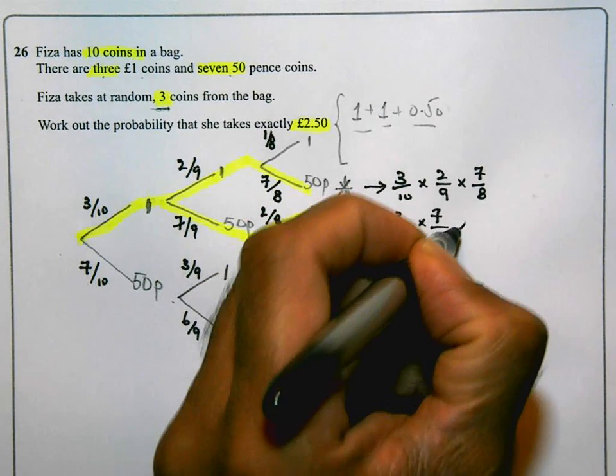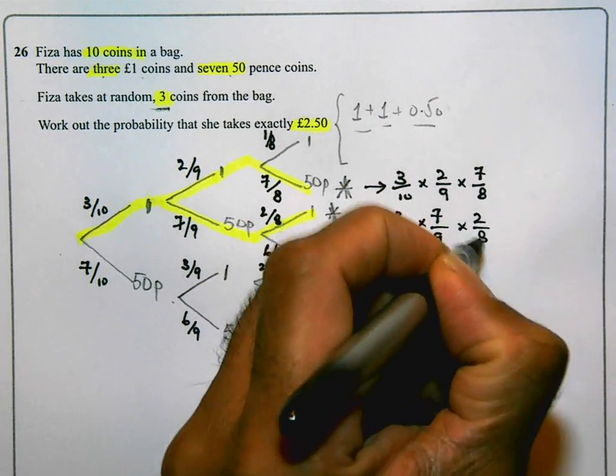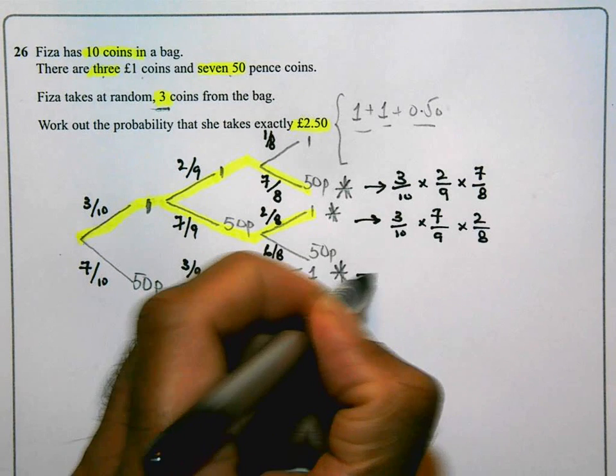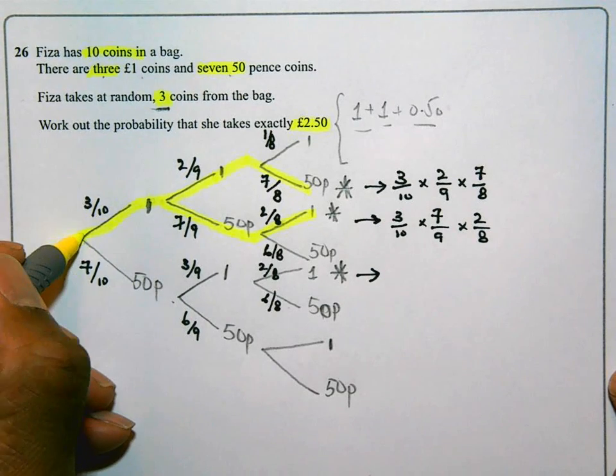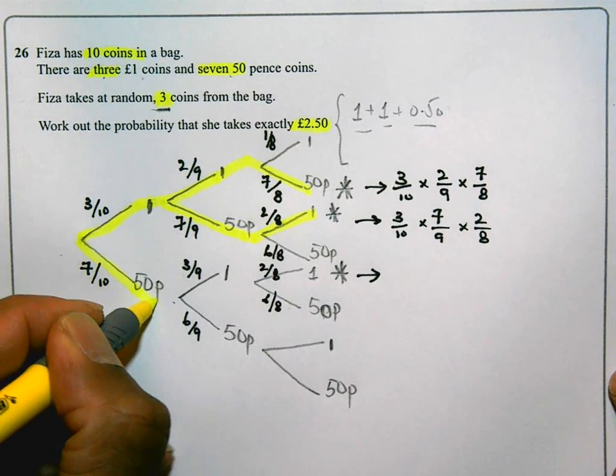And finally, this path down here, picking a 50p first, then a pound, then a pound: 7 over 10 times 3 over 9 times 2 over 8.